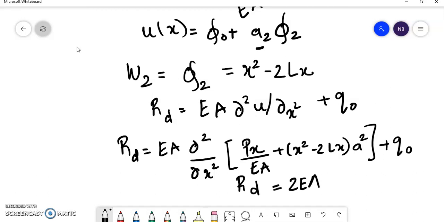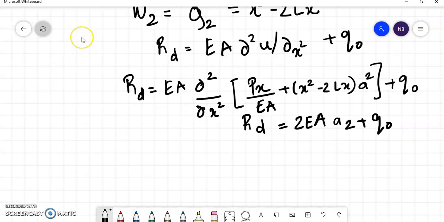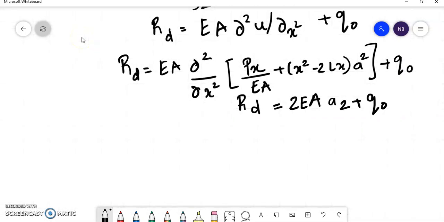On differentiating it, we get this. For the minimum residual, what we have to do is the integral from 0 to L of W2 Rd dx equals 0.